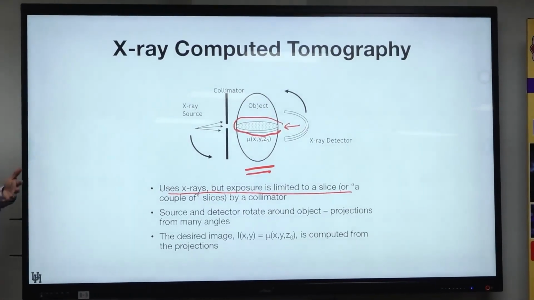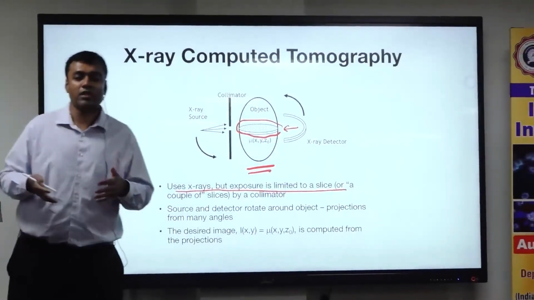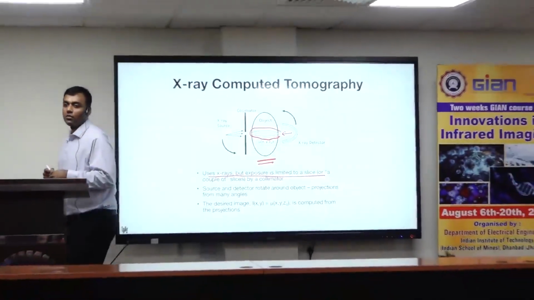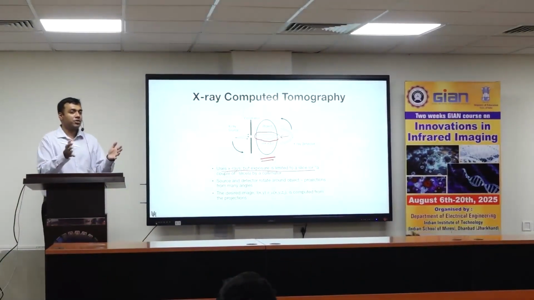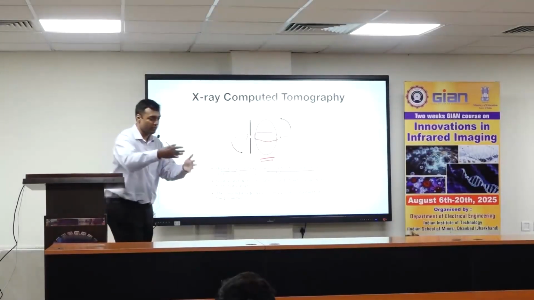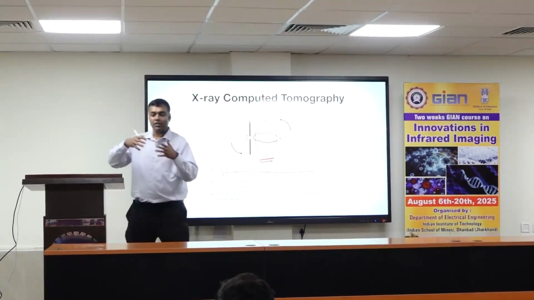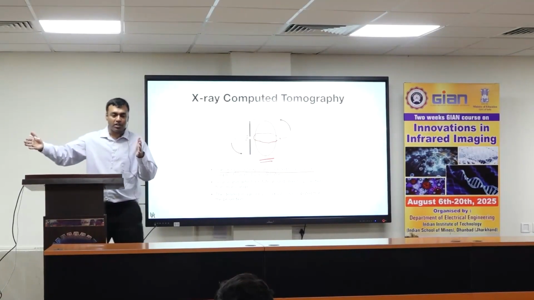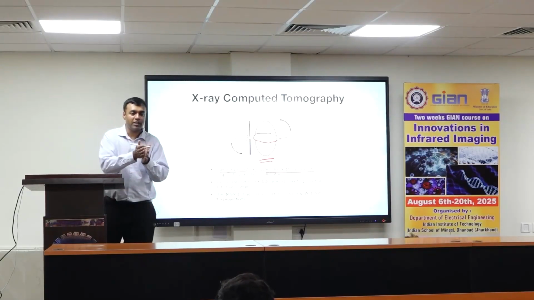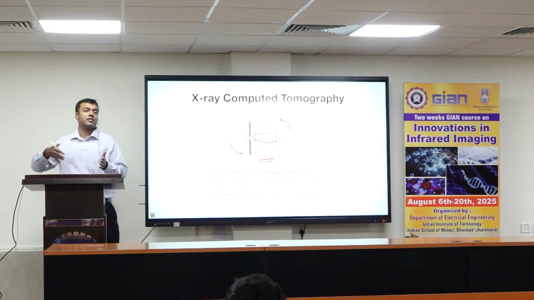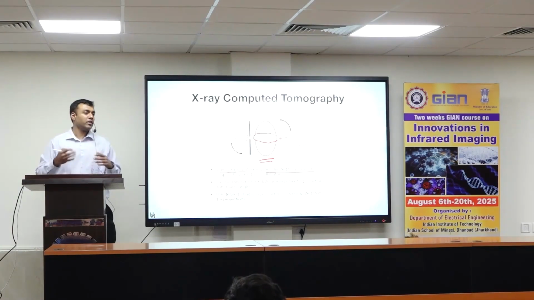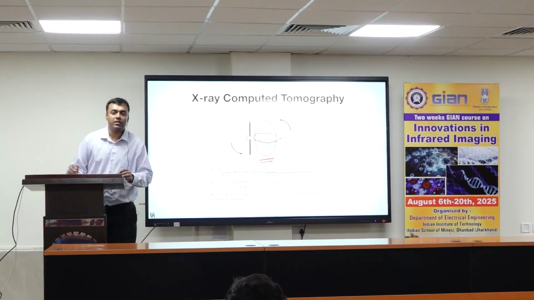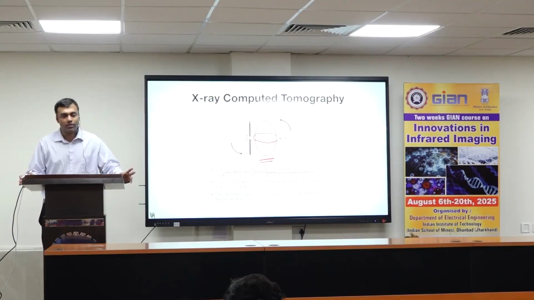The answer happens to be what's called the projection slice theorem. Take these projections and take a Fourier transform of them, and the projection in the spatial domain is equivalent to a slice in the Fourier domain. That's the essence of the theorem.